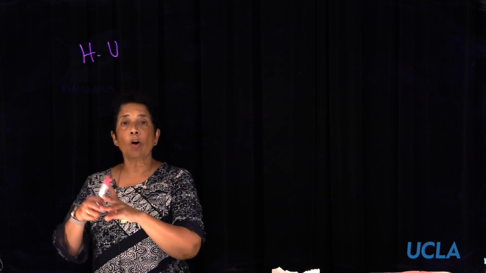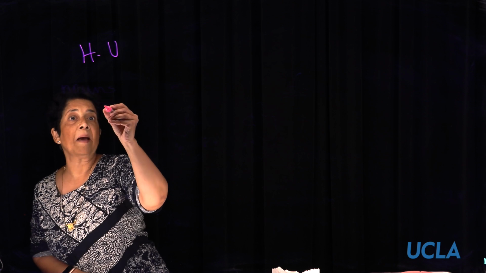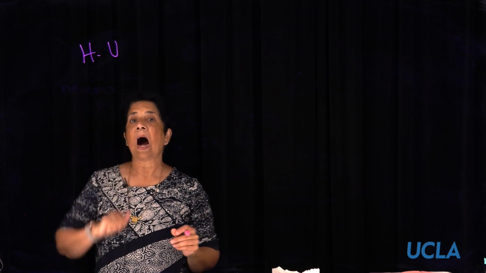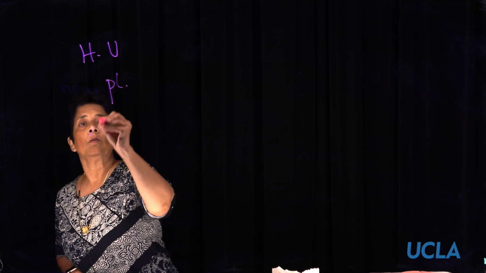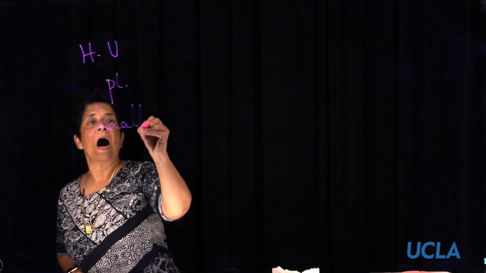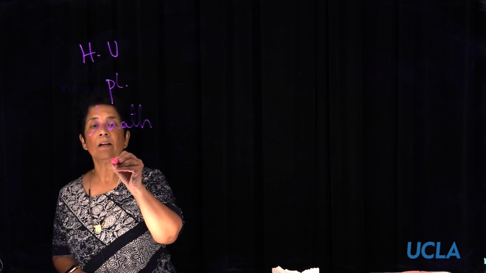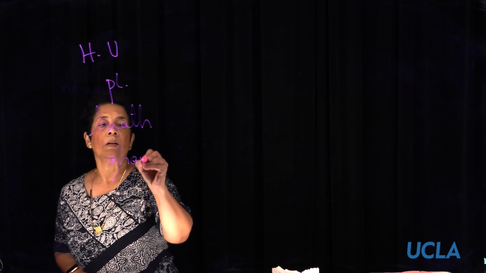So let's look at some plurals. So for example, ek haath, we'll get the plural form do haath. Let's take a word like ghar, which means home or house, right? Ek ghar, do ghar.